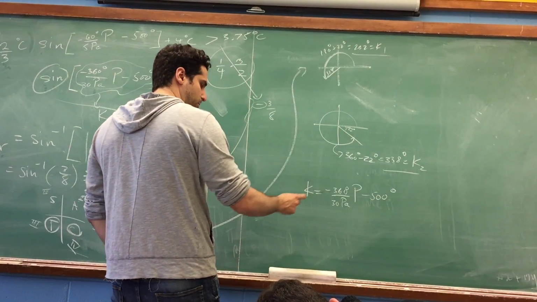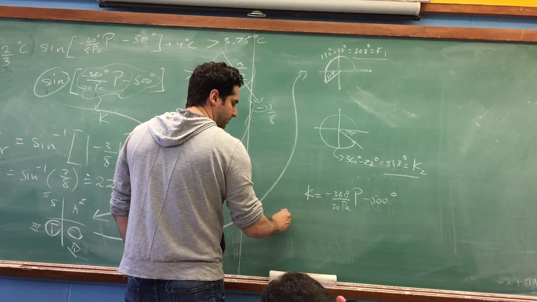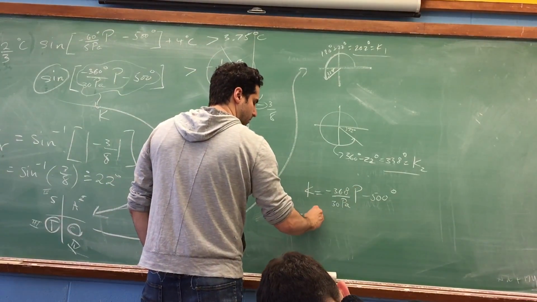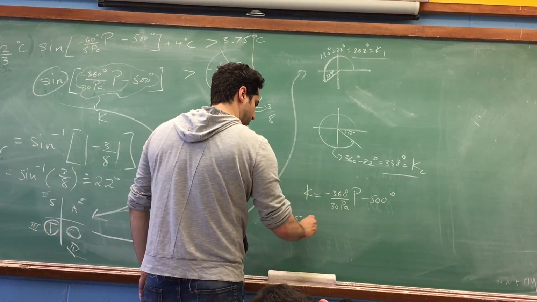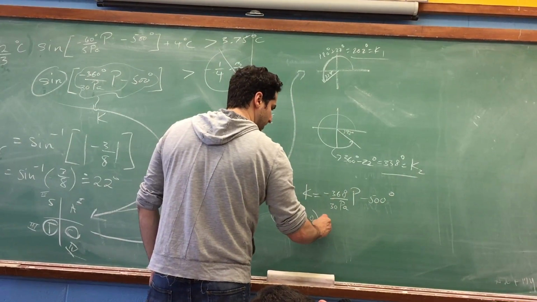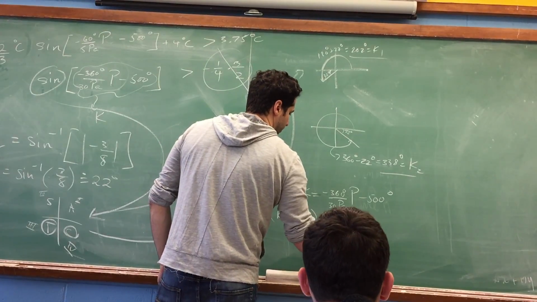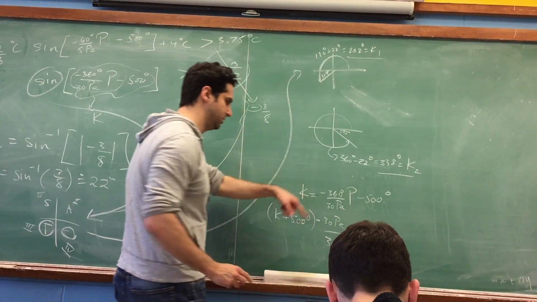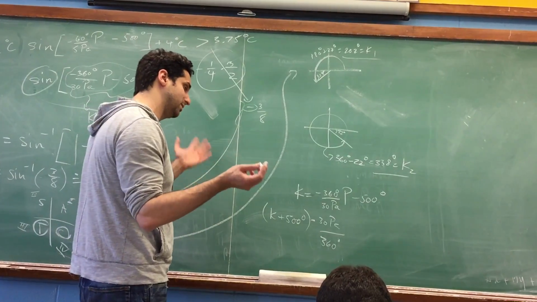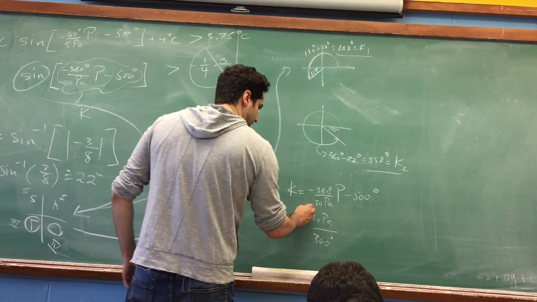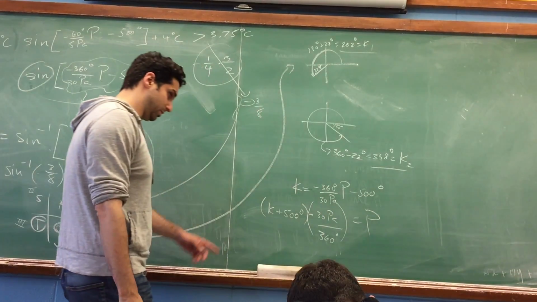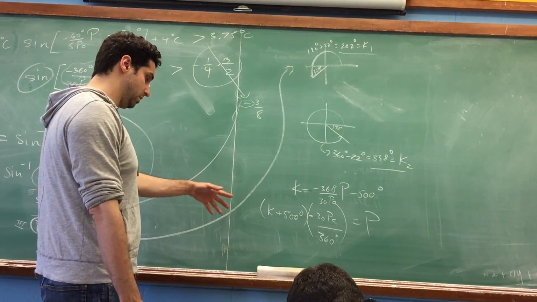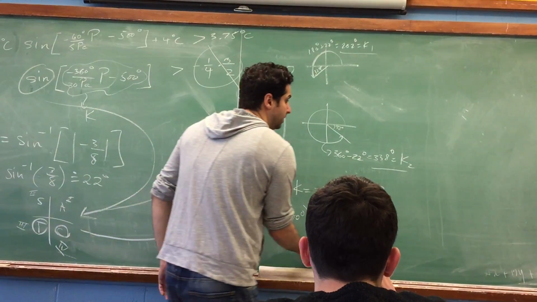And if I isolate for P, I can bring the minus 500 over, divide both sides by this, which is like multiplying by the reciprocal of this, which is going to be minus 30 Pa over 360. You don't have to make it 360 over 30, you can make it 12, and you technically don't have to write units, but I like to when I'm teaching it. Assuming that I'm doing this right. Looks pretty good to me.